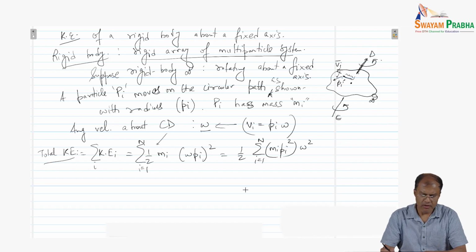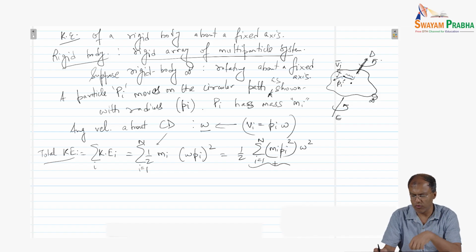From here I can notice that I have separated this quantity which involves the summation over all particles. This special quantity, which is under the sum and depends on the index i, is known as the moment of inertia.